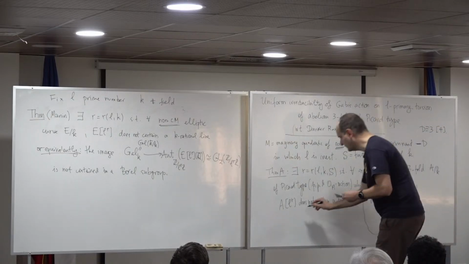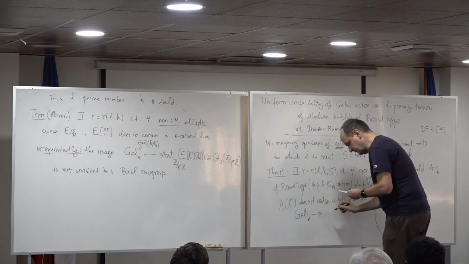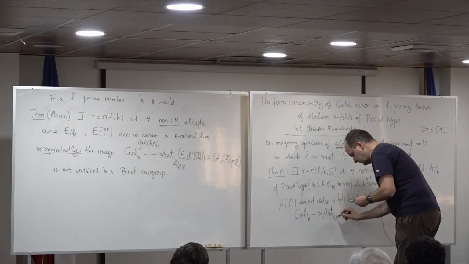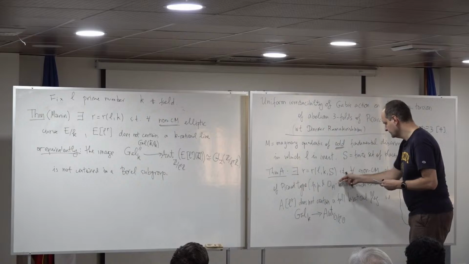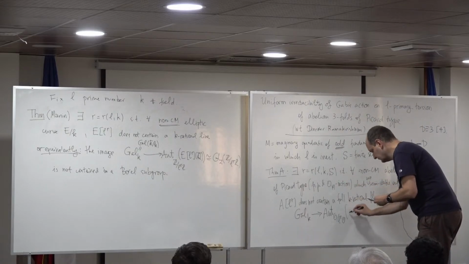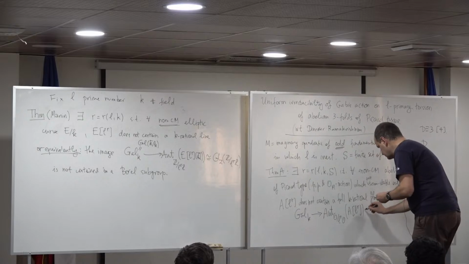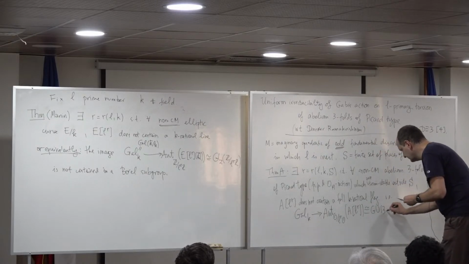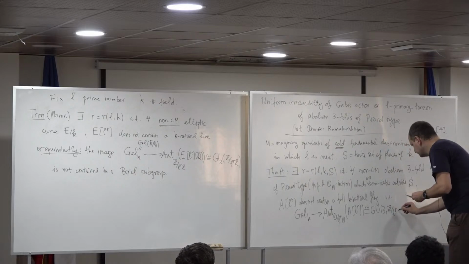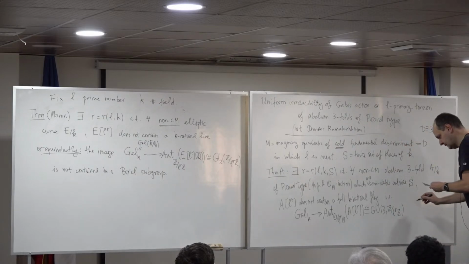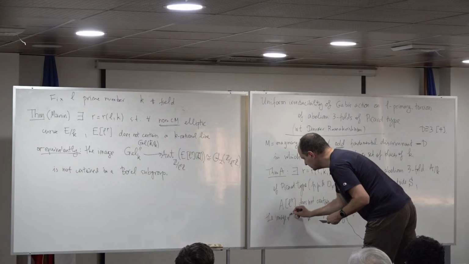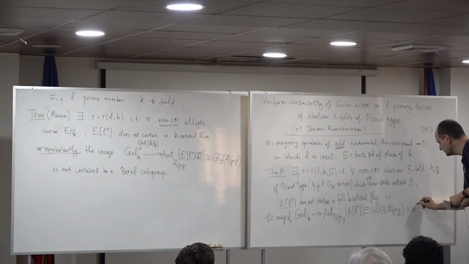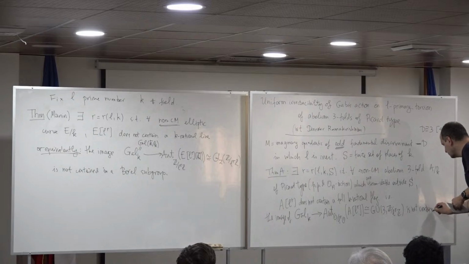Or equivalently, the Galois representation, Gal_K acting on the automorphisms of A[L^R] over O mod L^R O, is isomorphic to GU3 of Z_L over L^R Z. The image of this is not contained in a proper Borel subgroup.